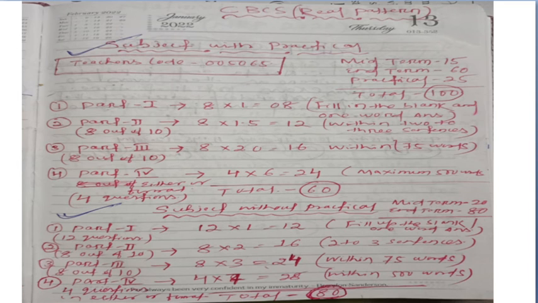Then in part 4, long questions will be there. 4 long questions will come from your 4 units in either-or format. Means in every unit you have 2 options. You will attend either that question or this question.